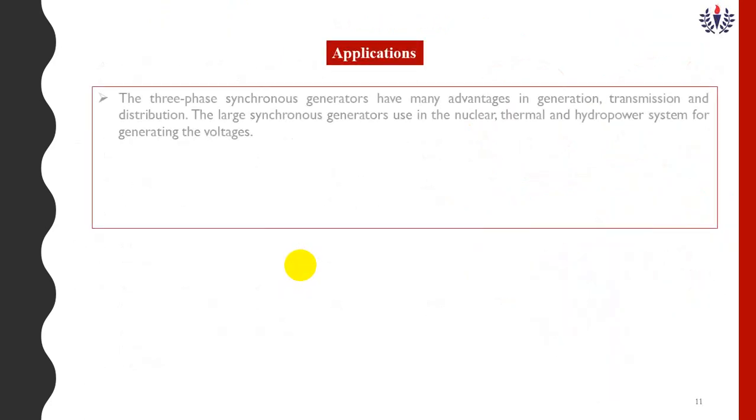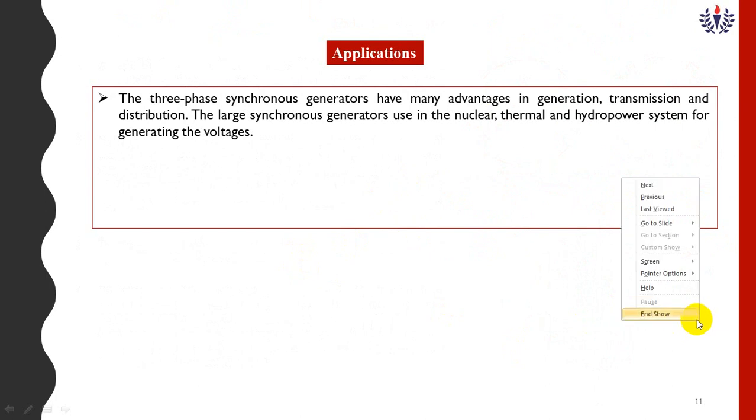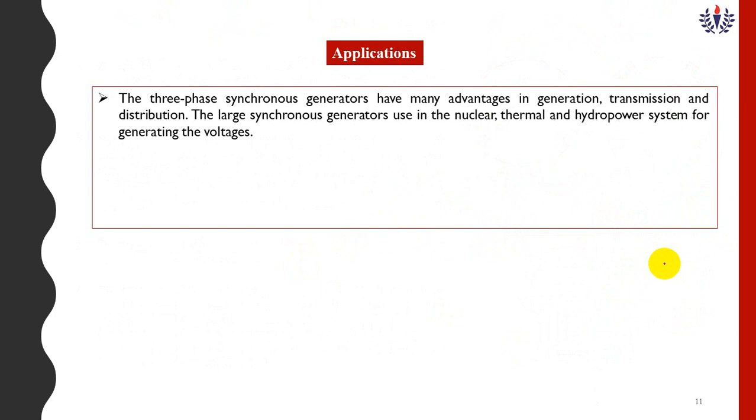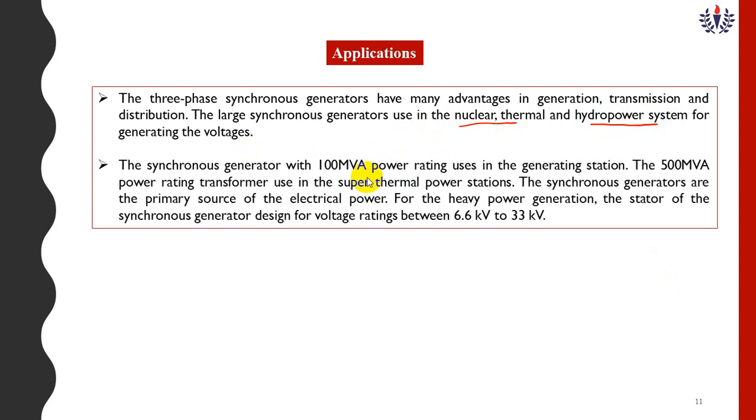Applications. The three-phase synchronous generator has many advantages in generation, transmission and distribution. It is a very big type of generator normally used in nuclear, thermal and hydro power stations for generating voltages.